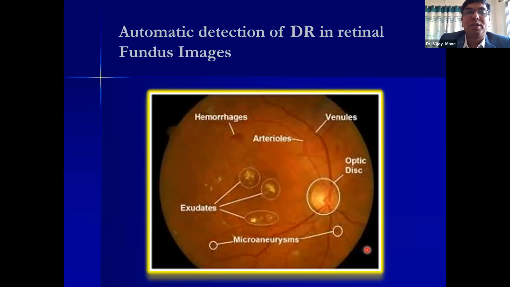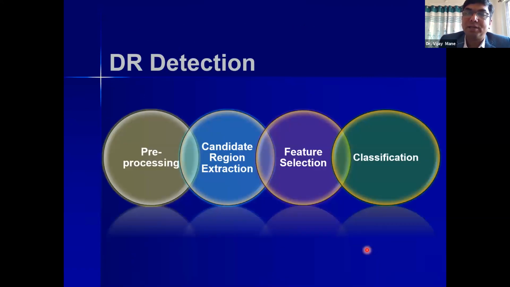a machine learning algorithm typically requires, or typically we implement using certain stages, as all of you must be aware, that we capture the image, we pre-process that image, and if you are looking for a particular disease, then we have to first identify the candidate regions, and from those candidate regions we select features related to that lesion or that disease, and then these features are used for training of the classifier, and the classifier is trained for a particular lesion or for a particular disease.